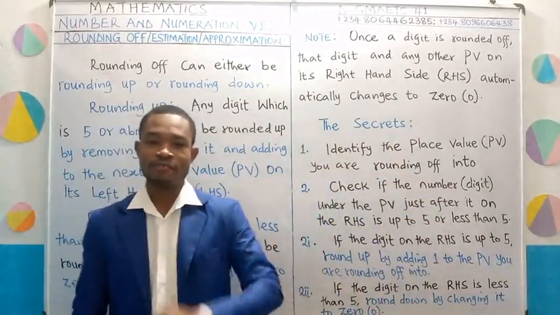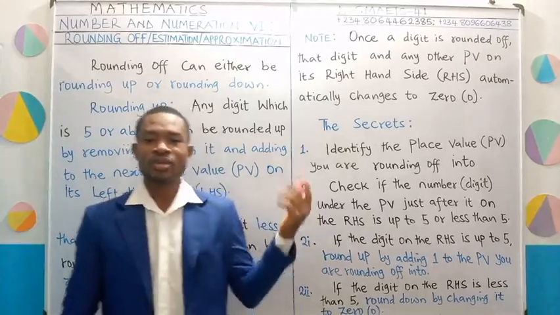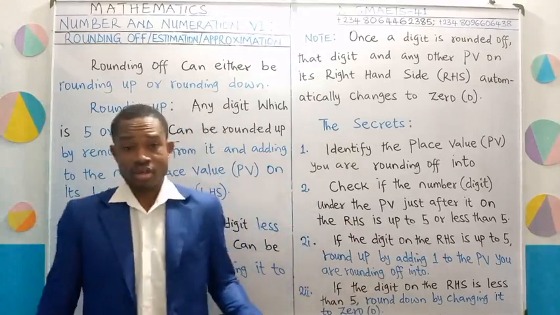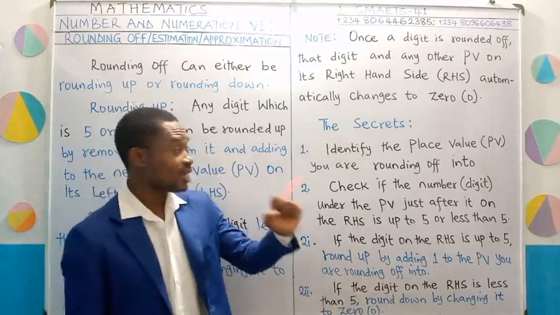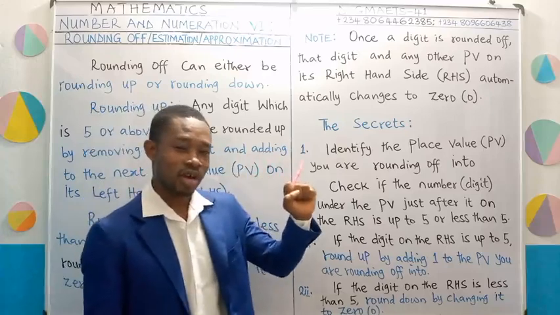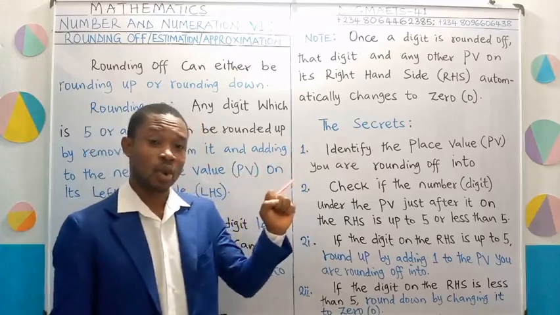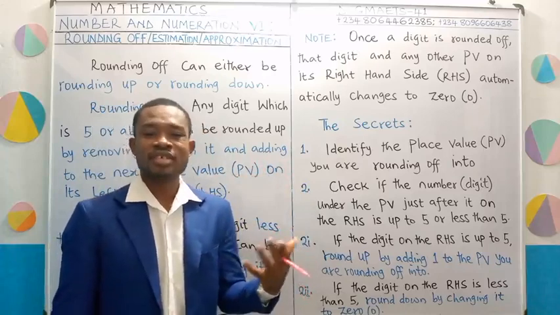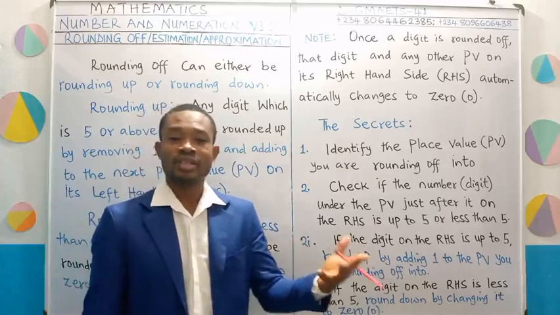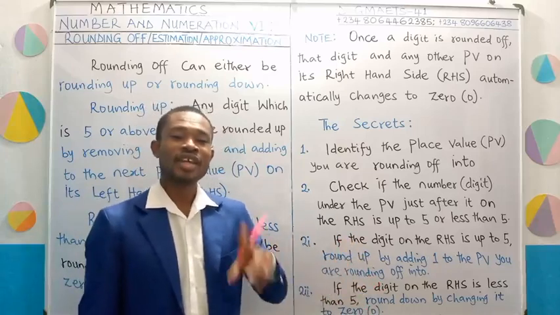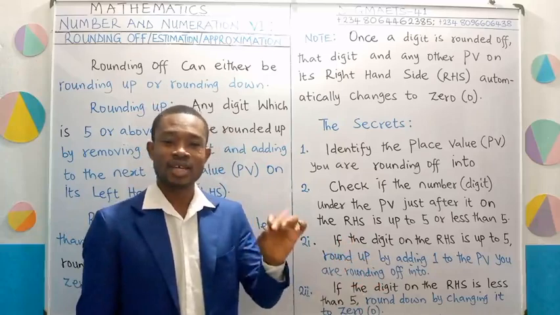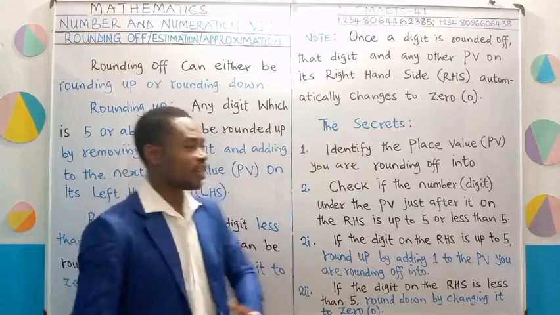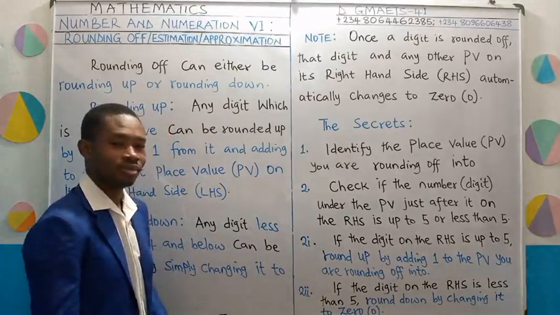For example, you saw this question, let's round off into the nearest tens. Good. It means you need to go and identify the place value you're rounding off to, which in my statement is tens. What if I say round off to the nearest 10,000? Then you have to identify the place value 10,000 in the number given to you. That's the first thing you do: identifying the place value you're rounding off to.